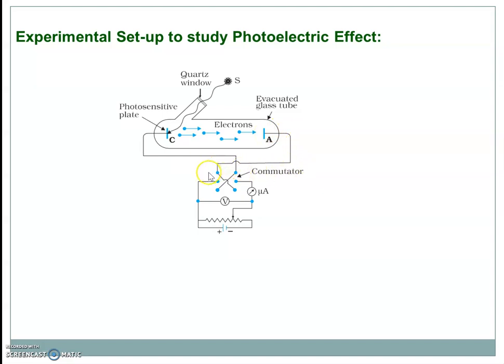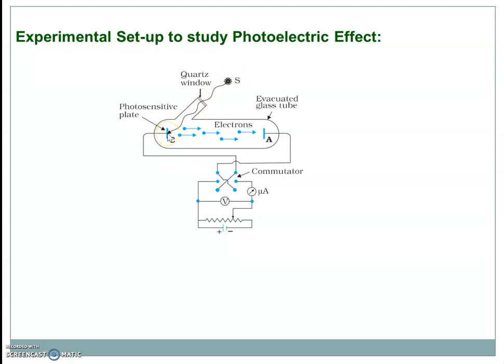Anode is kept at high potential with respect to cathode by using commutator. Circuit is completed, and in series of the circuit a microammeter is connected to measure the photoelectric current. Now see what happens when some radiation is made to fall from the source on cathode.